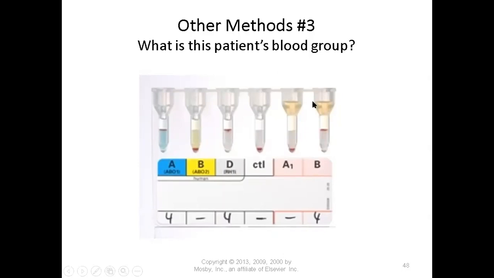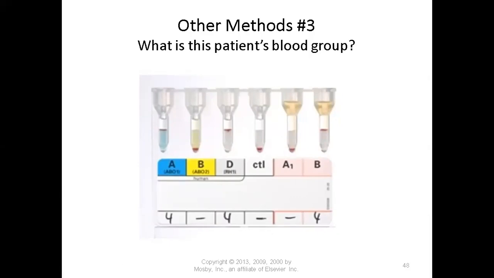And then we get into our reverse typing. So reverse typing, to review a little bit, is when we're using reagent red cells, A1 cells in this well and B cells in this well, to determine which naturally occurring ABO antibodies the patient has, okay? And so remember Landsteiner's rule.